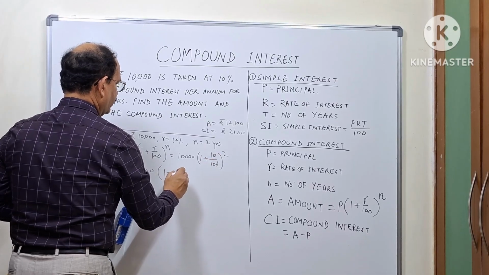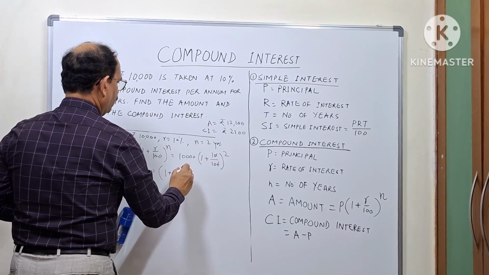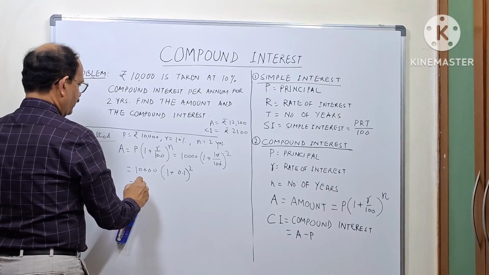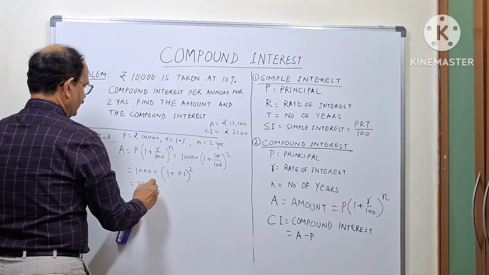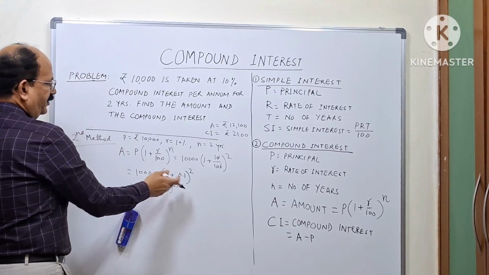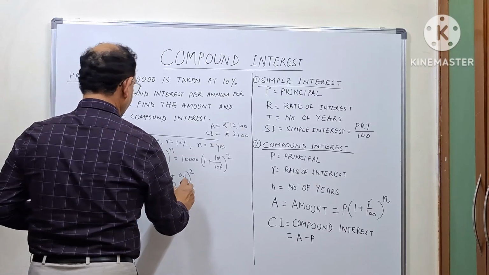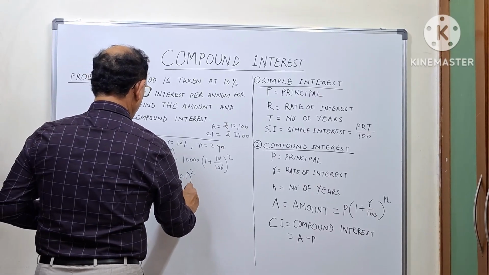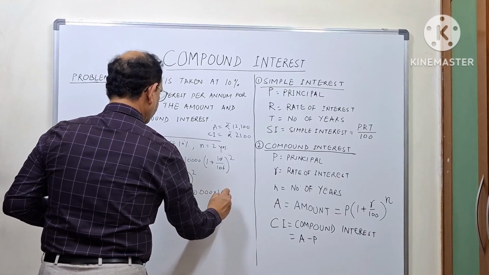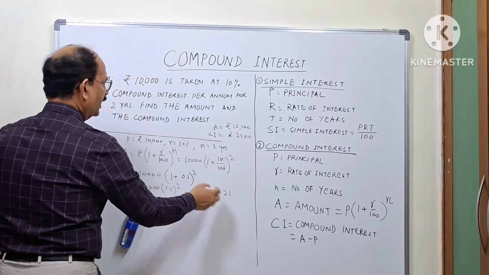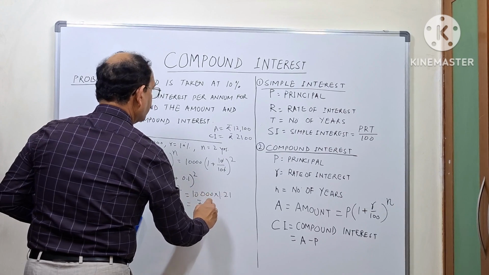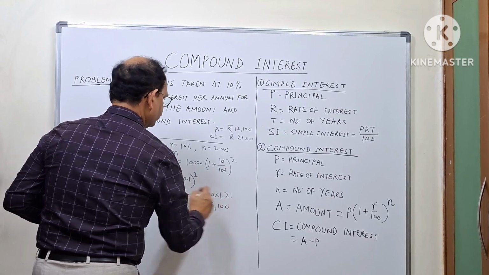So with this we get 10,000, and this is 1 plus 0.1, square, and therefore this becomes 10,000 times (1.1) the whole square, and if you do the 1.1 whole square, this will be 1.21, 10,000 multiplied by 1.21, and if you do that multiplication, this will be equal to rupees 12,100.